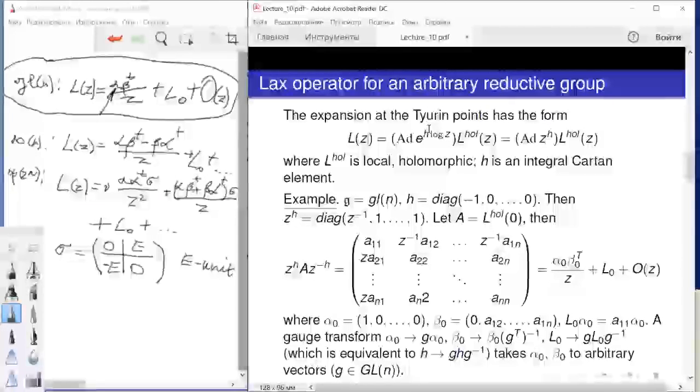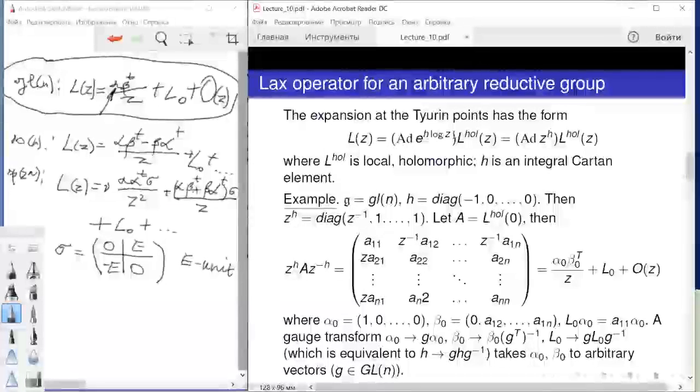L of z is just some holomorphic G-valued local function L with upper index hol, conjugated by z to h.